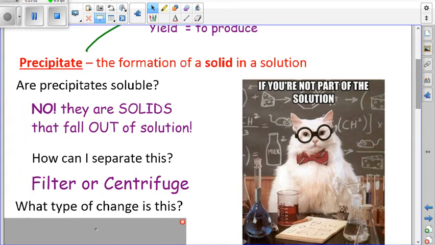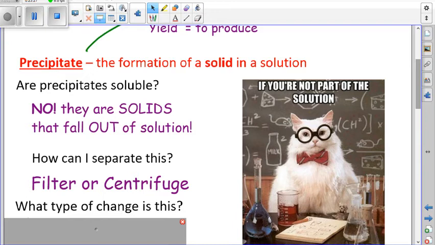Hey, what type of change is this when you have a precipitate form? Chemical. Can anyone give me a reason why it's chemical? That could be a phase change too. There is something there though. You're on the right track.